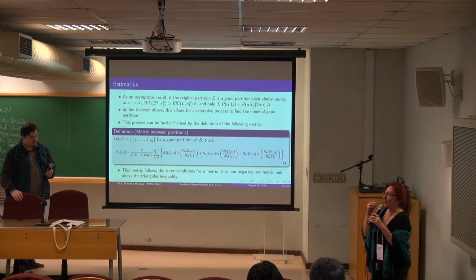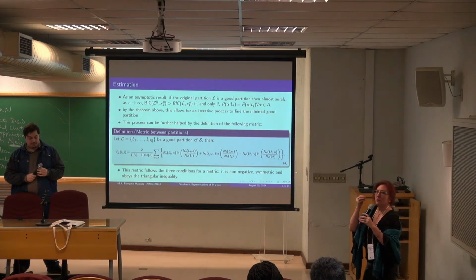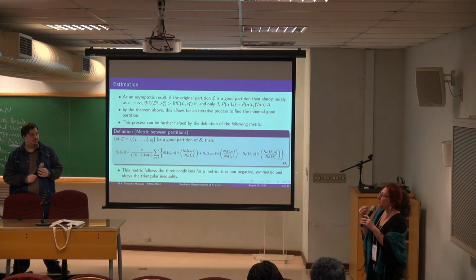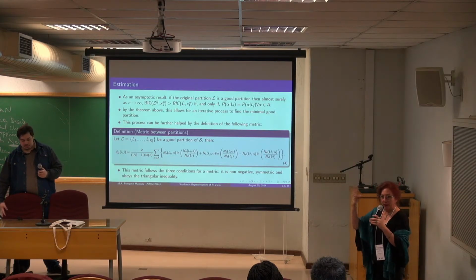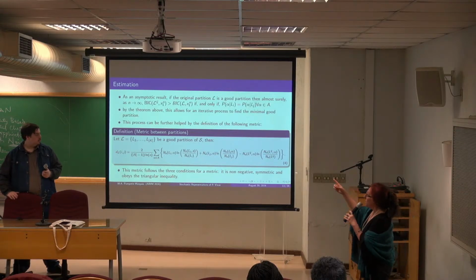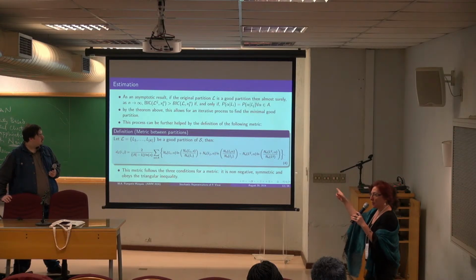But using what principle? The principle is that you need to obtain a partition that is optimal in some way. And the optimality of this partition is achieved through the Bayesian information criterion in this model.